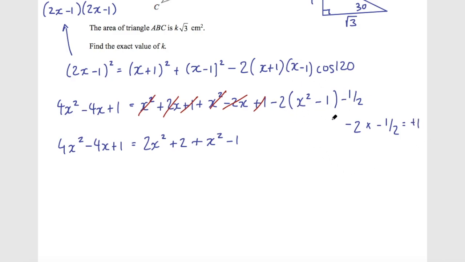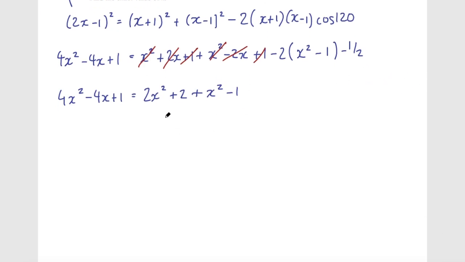So that all becomes a positive. Alright, so now let's simplify that a bit more. So that's going to be 4x squared minus 4x plus 1 equals 2x plus x squared, that's 3x squared, and then 2 minus 1, that's plus 1.